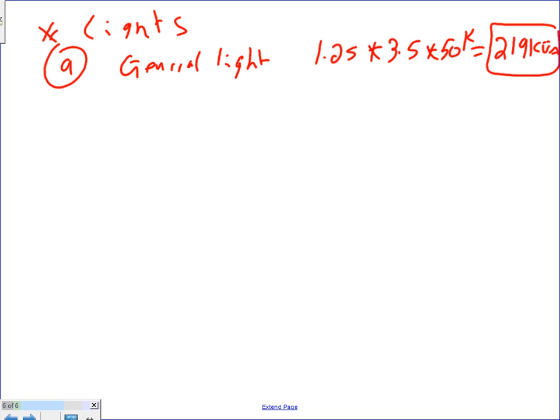That's the general one, because I don't have fixtures. If I have fixtures, I have to choose whichever is larger. Everybody knows where the 3.5 came from? It's from Table 220.12.